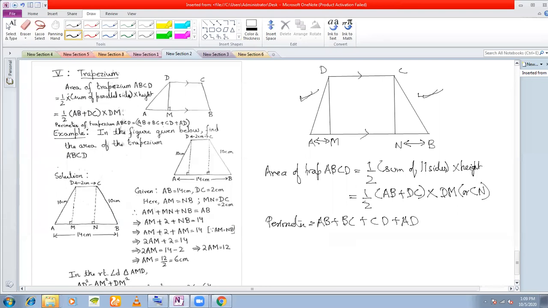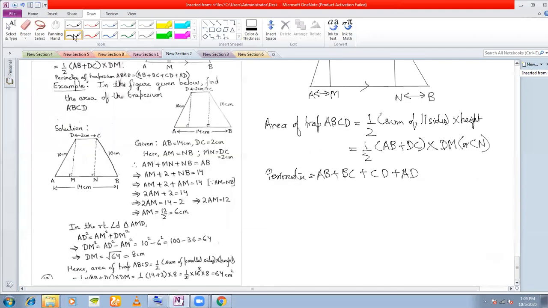Now in this example, the next for a trapezium, it is given that to find out the area of the trapezium, the measurements are given. You see these two triangles here, this red triangle and this green triangle. And what you also see is that both sides are 10 centimeters. That means this is an isosceles trapezium. That means for these two perpendiculars DM and CN that I draw, AM must be equal to BN.